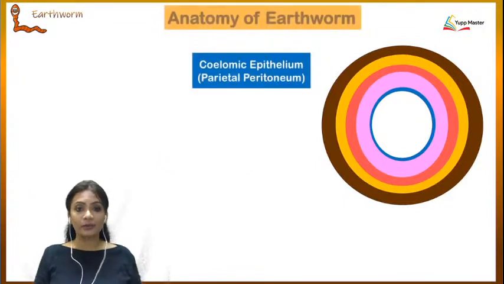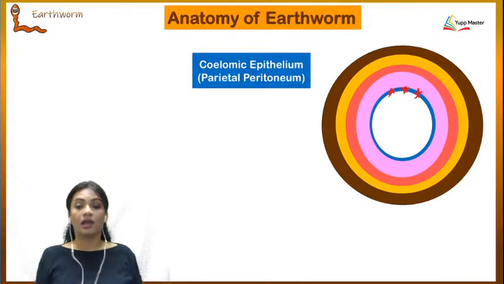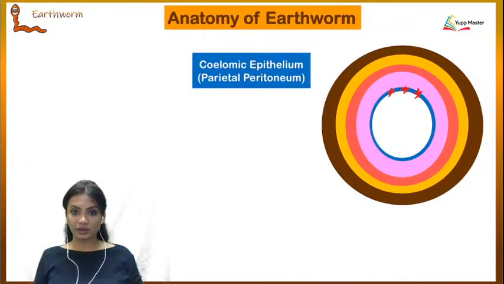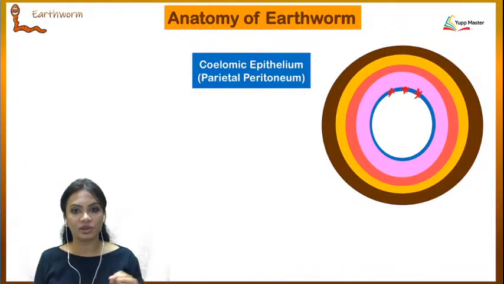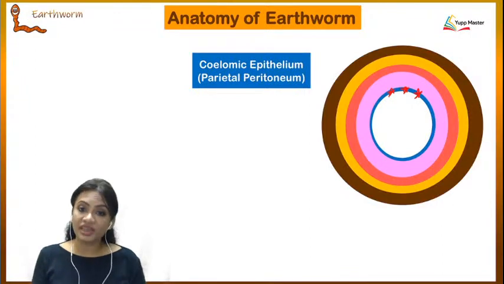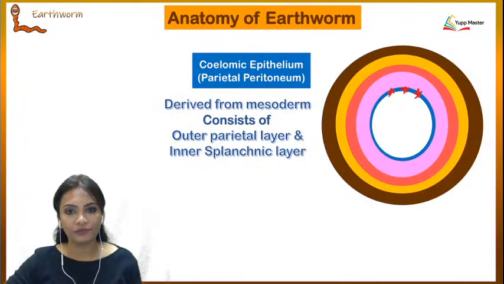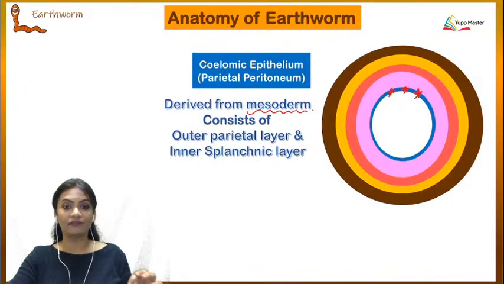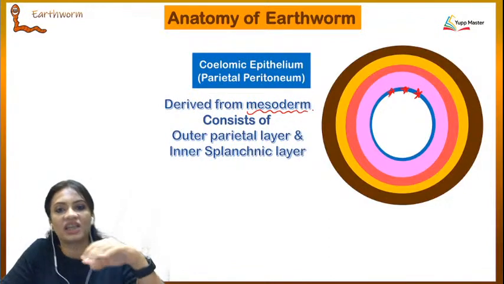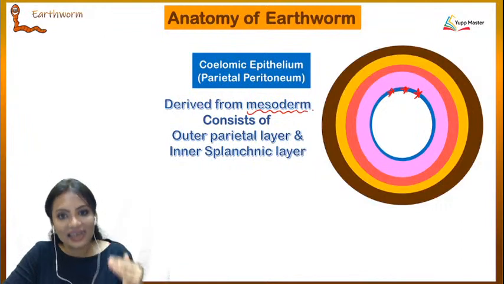The second layer I would like to talk about is this blue layer over here, which is the coelomic epithelium. As I told you a little while back, it can be called the parietal peritoneum. Now, this parietal peritoneum layer, which germ layer is it derived from? It's derived from the mesoderm, and this layer contains two layers, an outer layer and an inner layer.